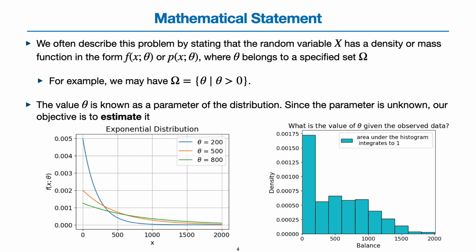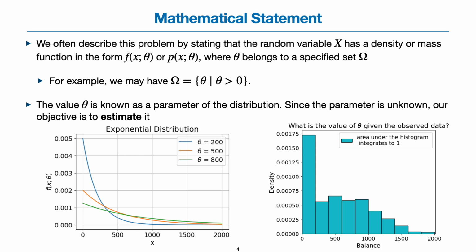And then the question is, what should be this scale parameter theta of the exponential distribution? You can see that different values have different rates of decay. Obviously all of these go to 0 as x increases, but how fast this happens depends on that scale parameter.